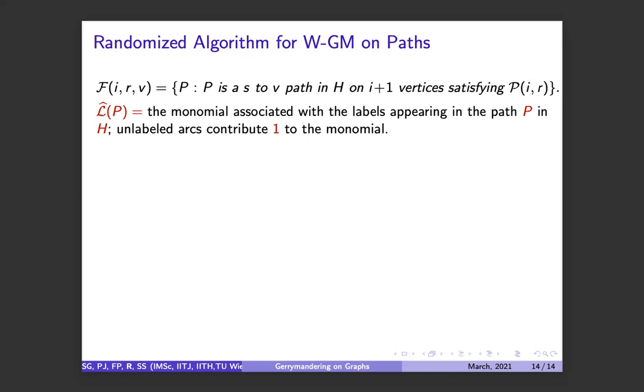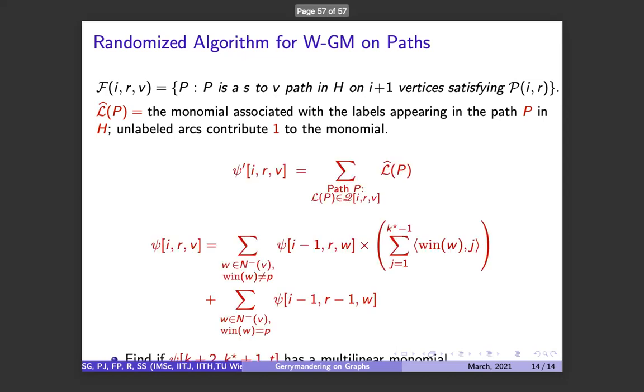So again, we have only labels for the candidates which are not my preferred candidate, and for the preferred candidate I do not have a label. So for that I multiply the monomial by 1. I don't know if this will be clear or more confusing. It's just the same computation that we are doing for the deterministic algorithm.